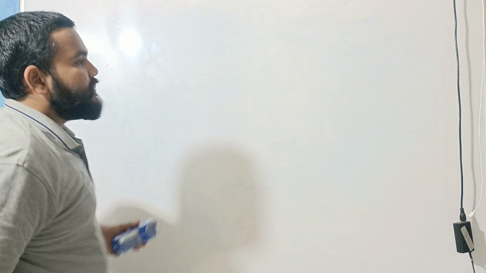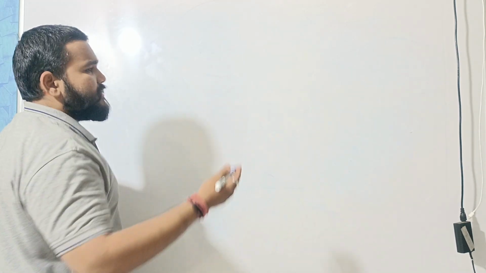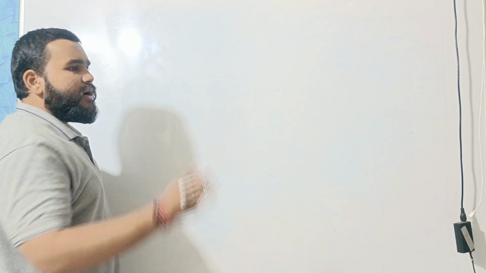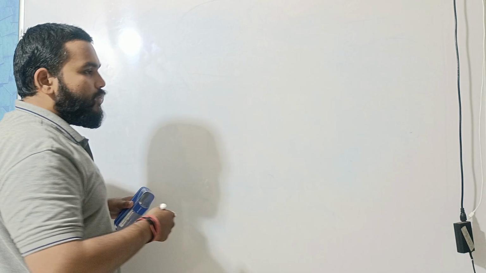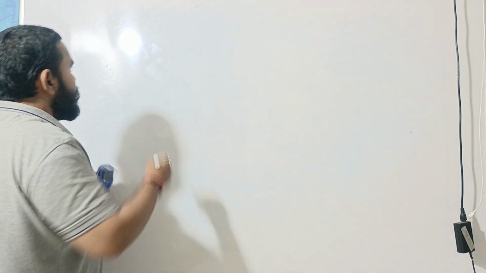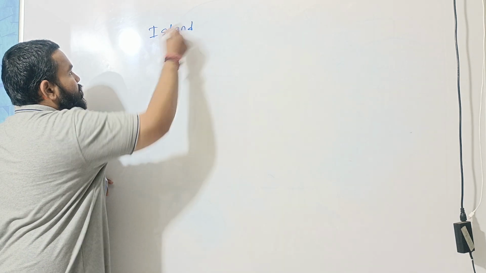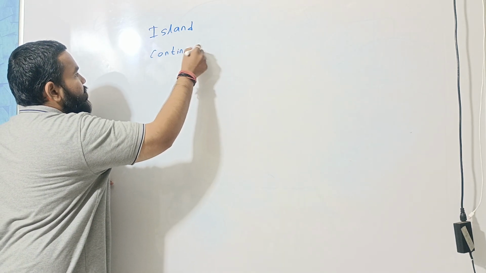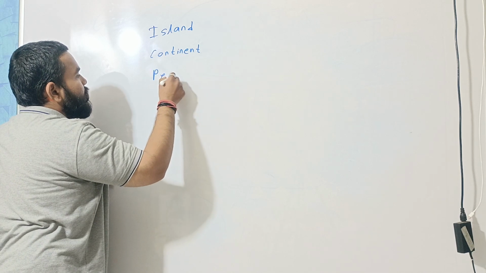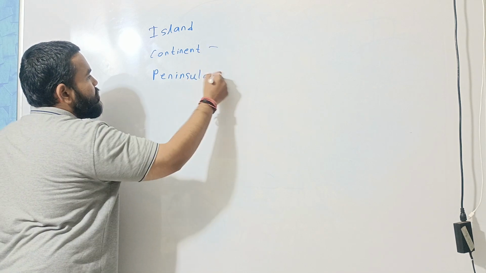Then come some terminologies. Our earth has oceans, continents, islands, and peninsulas. I'm writing them one by one and then defining them. First is island, then continent, and peninsula.